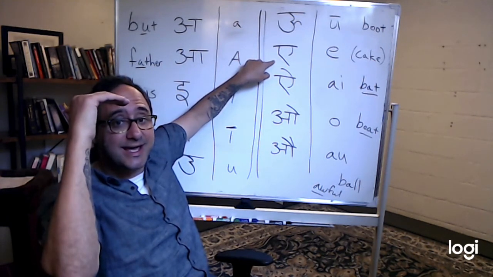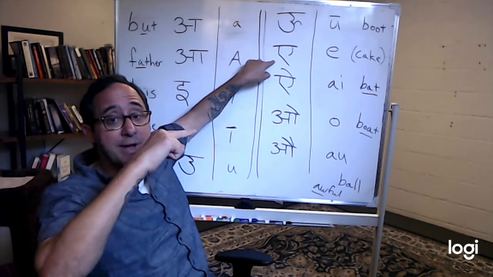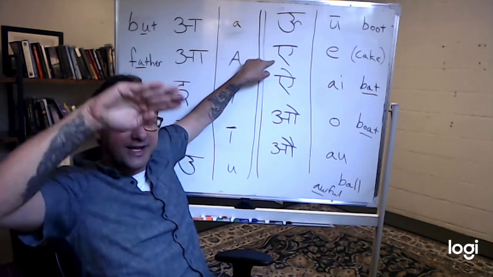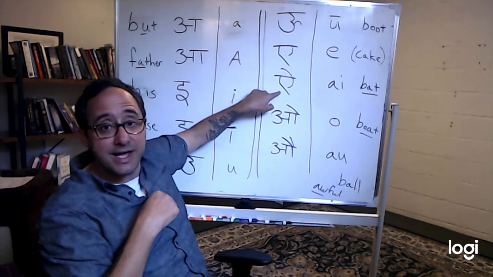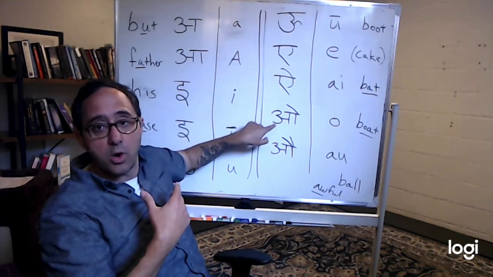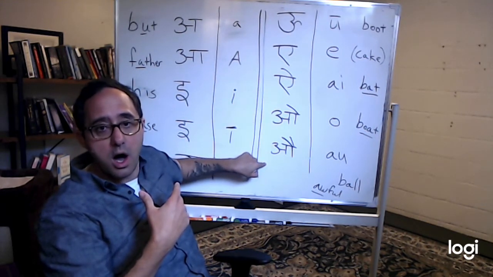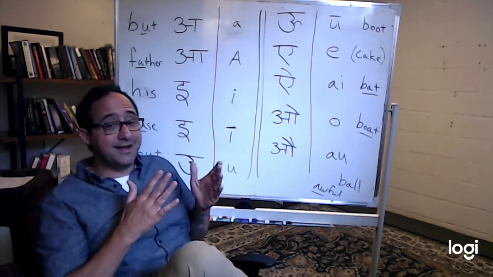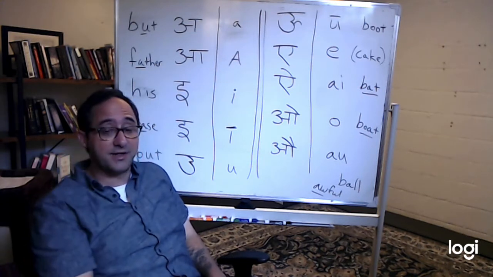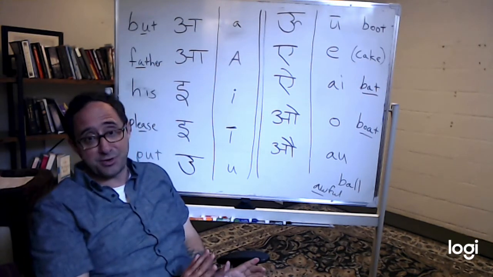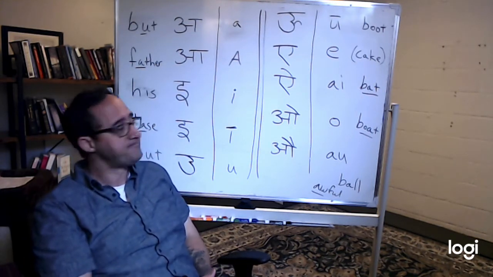It's e, like you're saying bait, but we don't do the diphthong. A, like at, like bat. O. Are Hindi vowels pure, or do they have diphthongs that move into others like we have in English? They're pure, right? They're pure vowels.